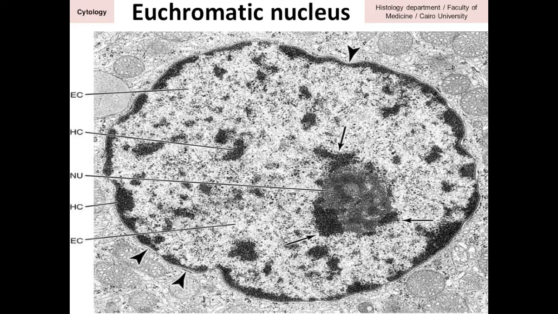Again, this is an electron microscope picture for the nucleus, but this nucleus is characterized by having abundant euchromatin, more than the heterochromatin, and this denotes that it is an active nucleus, and it is called a euchromatic nucleus. A euchromatic nucleus will be present in any active cell, like, for example, a liver cell. These are the mitochondria, and this is the euchromatic nucleus.